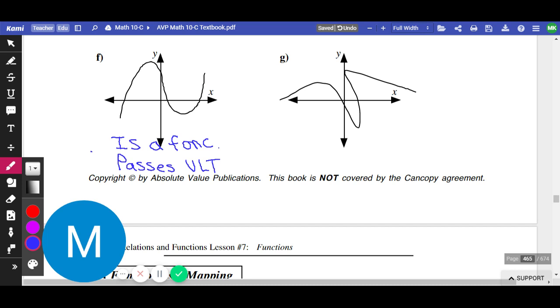If you look at G, could you draw a vertical line that touches that graph more than once? If you start off, you couldn't. Then all of a sudden, you could. That vertical line actually touches once, twice, 3 times. This is not a function.